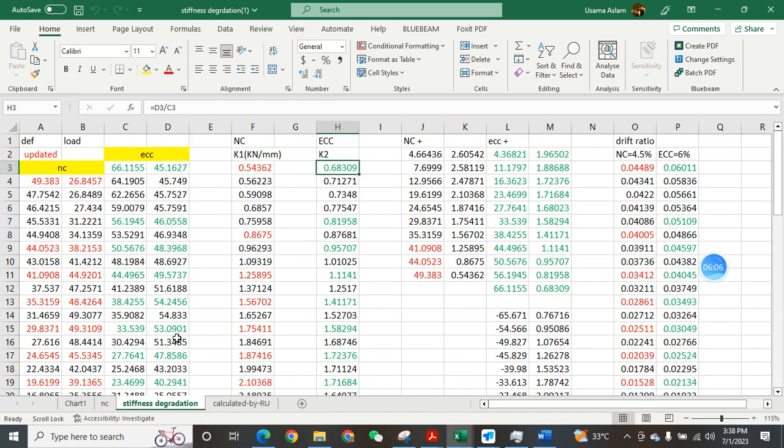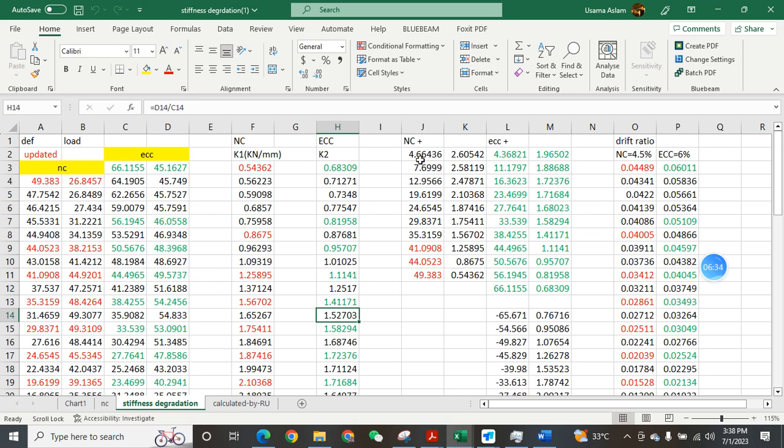So I got the values, then I will select all these values for K1 and copy this. You can arrange them in descending order, from larger to smaller.